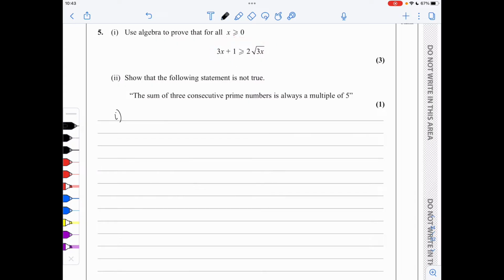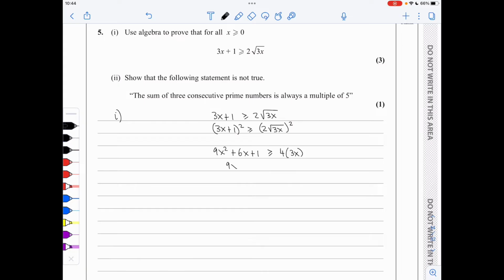So if I was to start from 3x plus 1 greater than or equal to 2 root of 3x, the first obvious thing would be to square everything. So (3x plus 1) squared is greater than or equal to (2 root of 3x) squared. So we get 9x squared plus 6x plus 1 is greater than or equal to 4 times 3x.